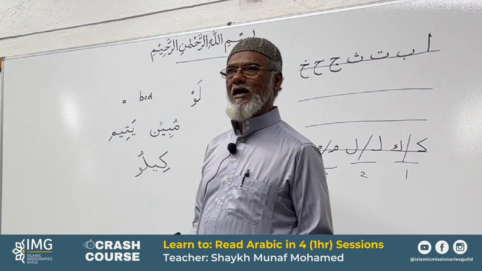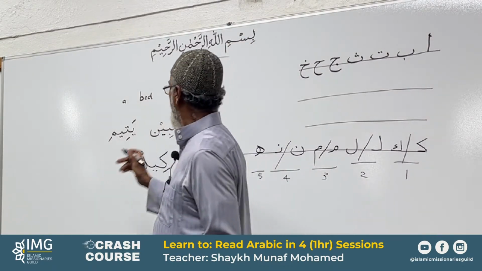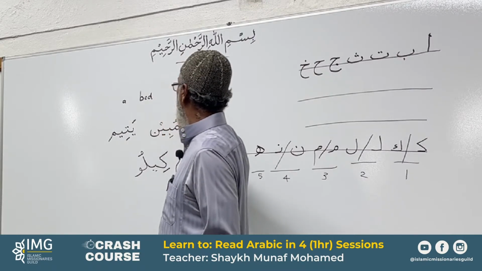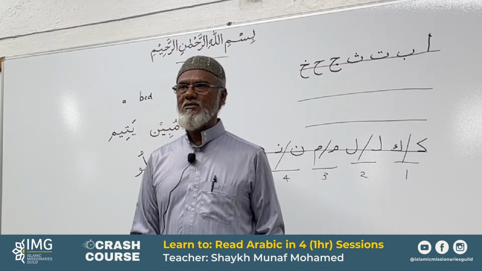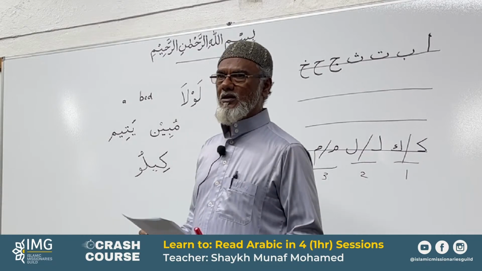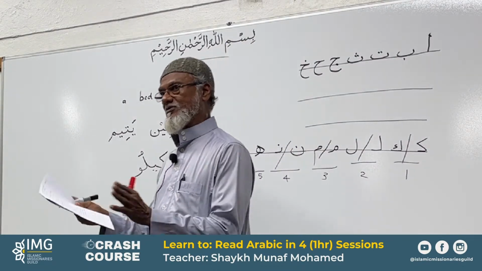Law. Law. All right? Law means if. And if we have a next letter there, which is the next word in your handout, and an alif there, so what? La. So the whole word is what? Lawla. If not. If not.